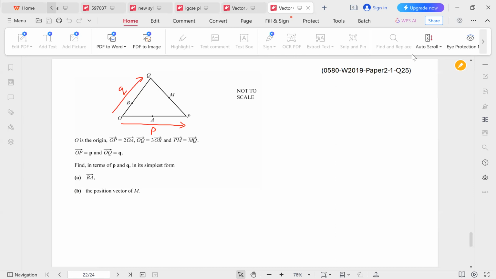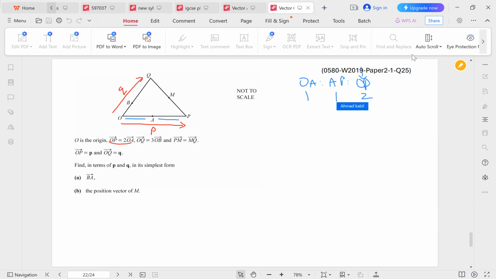So let's just try to figure out the given information. We have OP equals 2OA. So we have this segment and this segment here, and the total, of course. So let's write down our triple ratio, OA to AP to OP. We are given that OP is 2OA, so this is 1 and this is 2, and this is the total, of course.